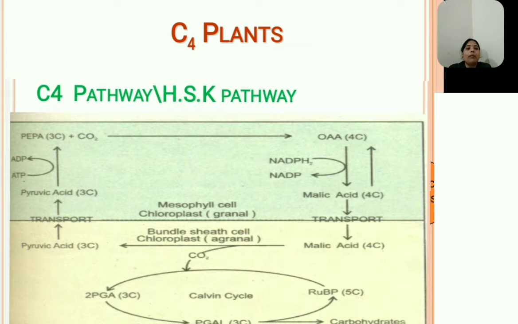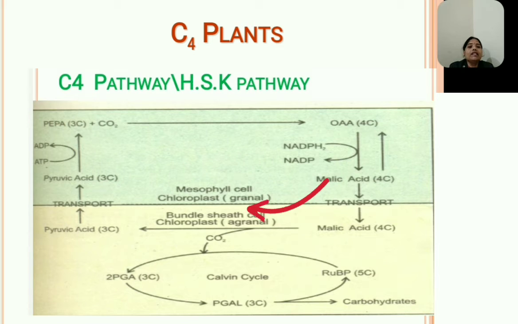With the help of an enzyme, it is converted into another 4C compound, known as malate. It is also known as malic acid, malate meaning the same.